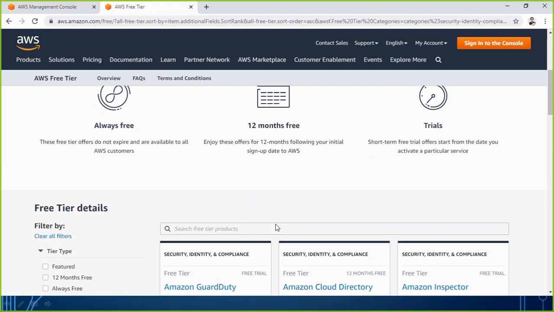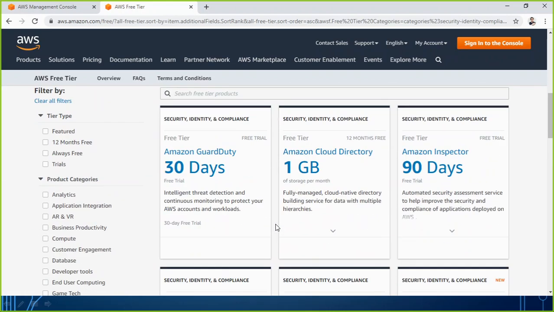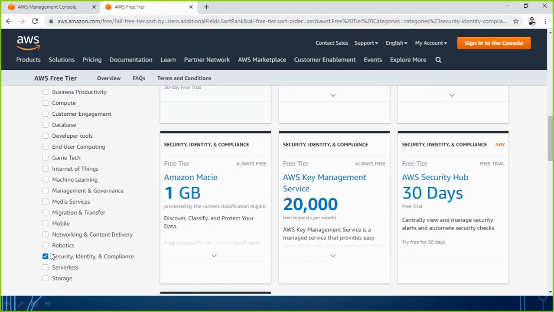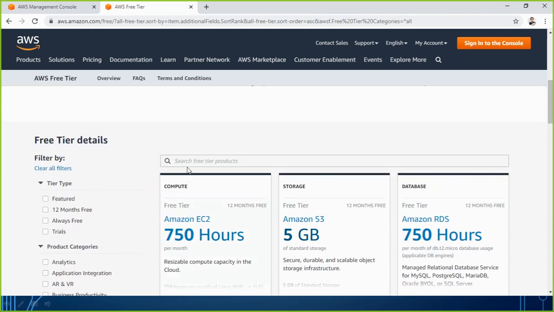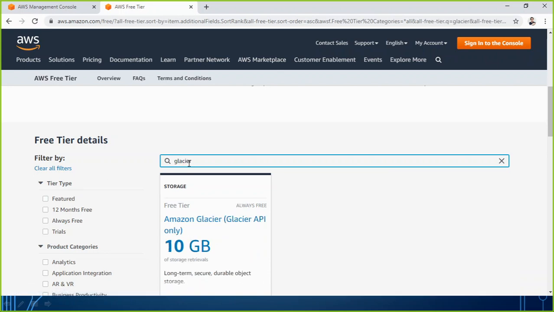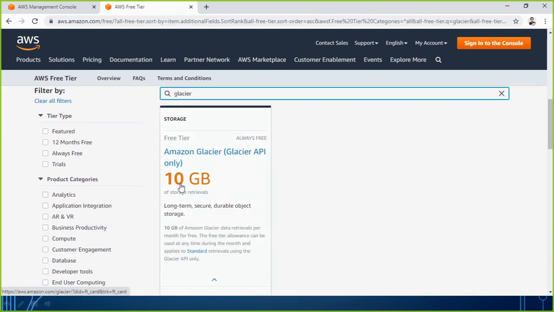Let's say I talk about a service which offers us to store archival data, like Glacier. So I search for Glacier. Here you see Glacier, you get 10 GB of storage retrieval and it is always free.